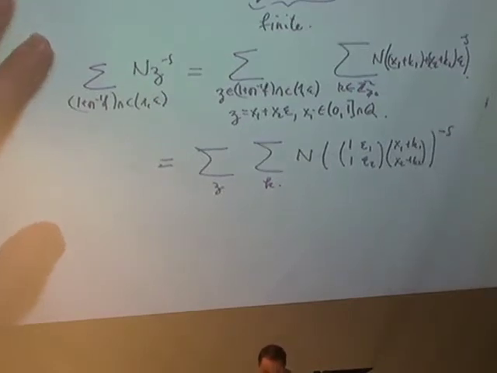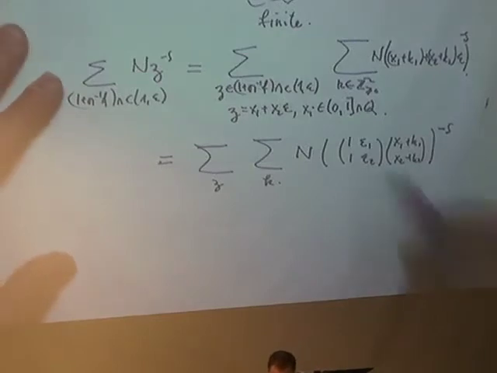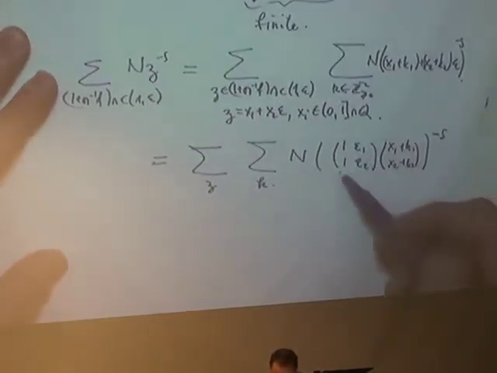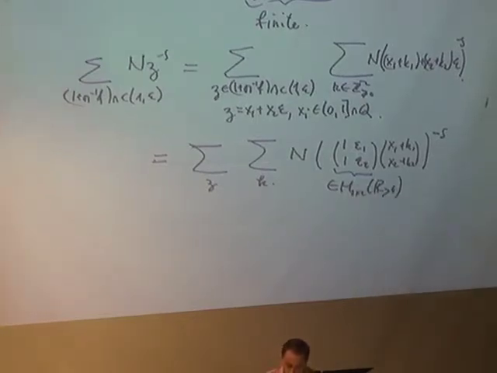And I'll remember the minus s this time. Right, and this really is a Shintani zeta function now. And note that because epsilon's a totally positive unit, this matrix has positive entries, which is essential for Shintani's method.